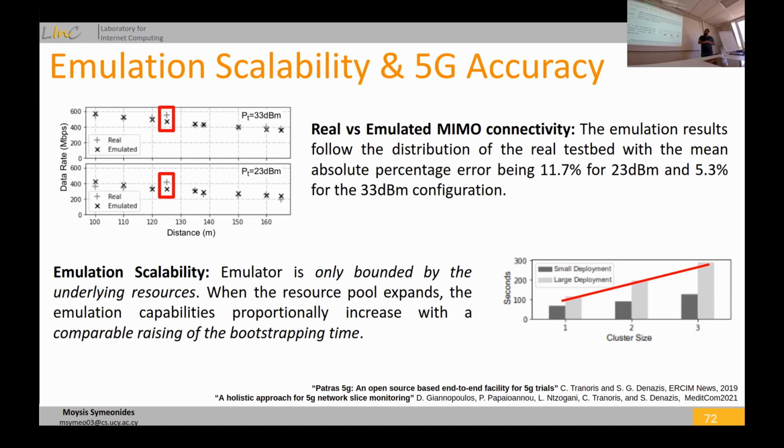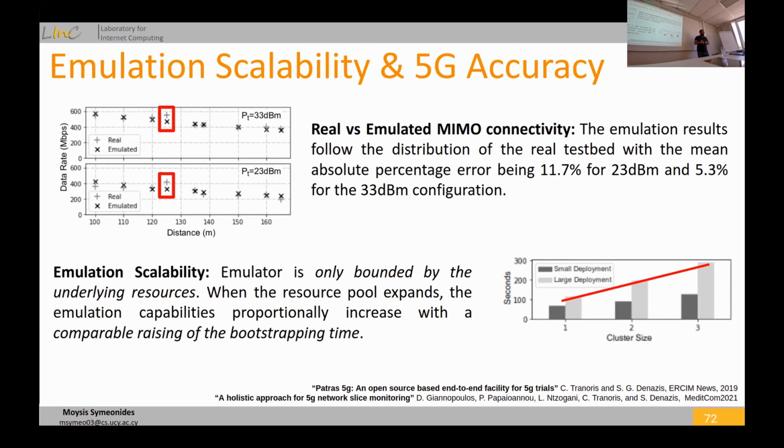And we captured the data rates for 2 different configurations of the radio units. So the radio unit, in one case, had a transmit power of 33 dBm, and in the other case a transmit power of 23 dBm.